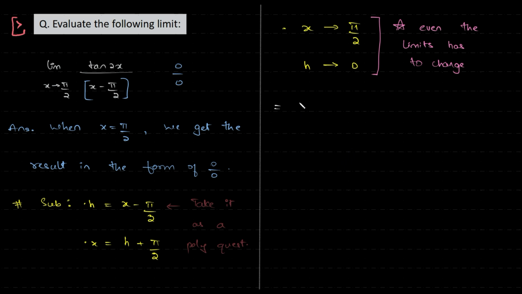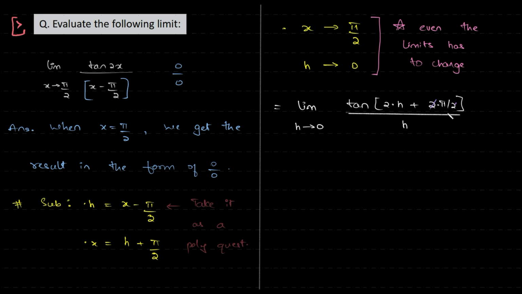So we have limit h tending towards 0, tan of 2 times x, which is h plus pi by 2, this entire thing divided by h. You guys agree with that?